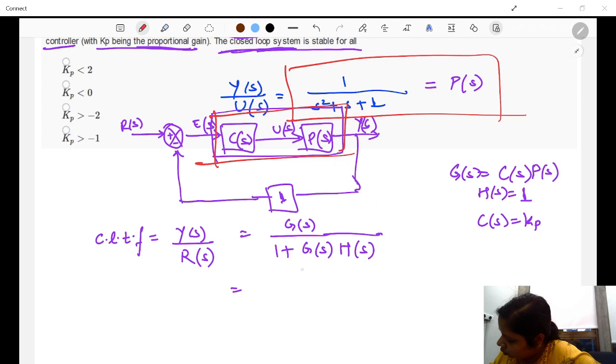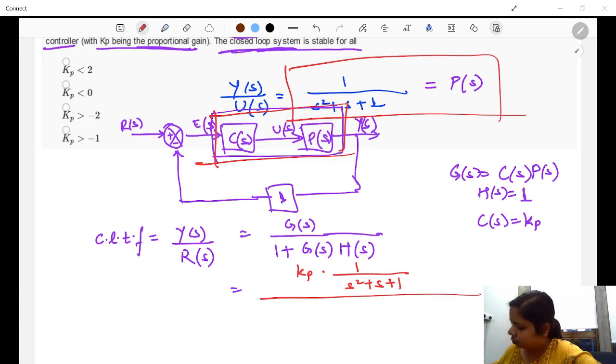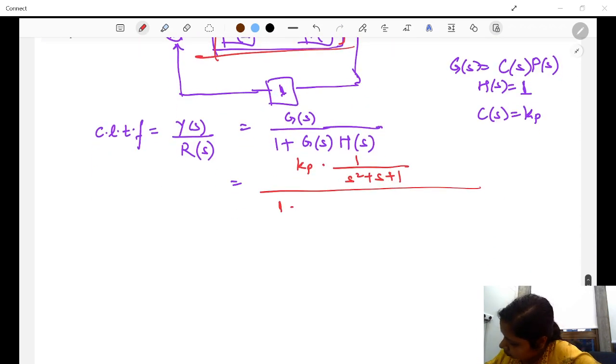So Kp is our C(s) into P(s), which is 1 upon s square plus s plus 1, upon 1 plus Kp into 1 upon s square plus s plus 1.